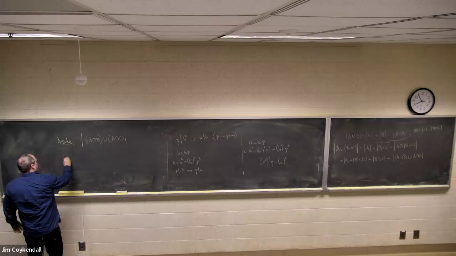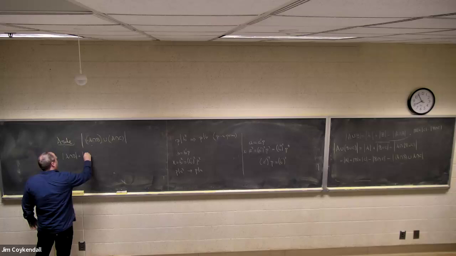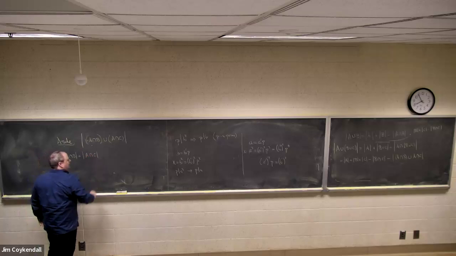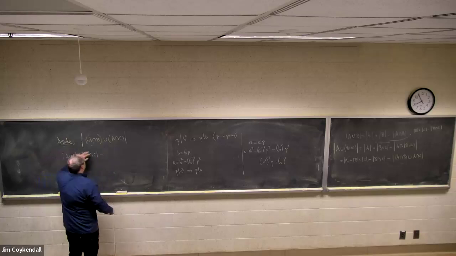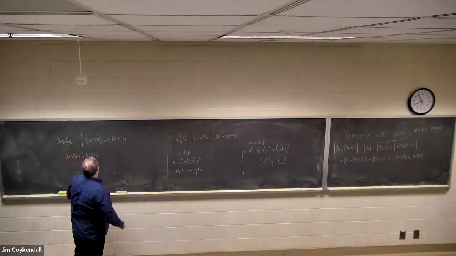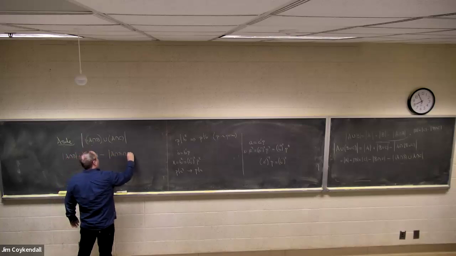This is A intersect B plus A intersect C. So far, so good. Minus the intersection of these two, which is A intersect B intersect C.